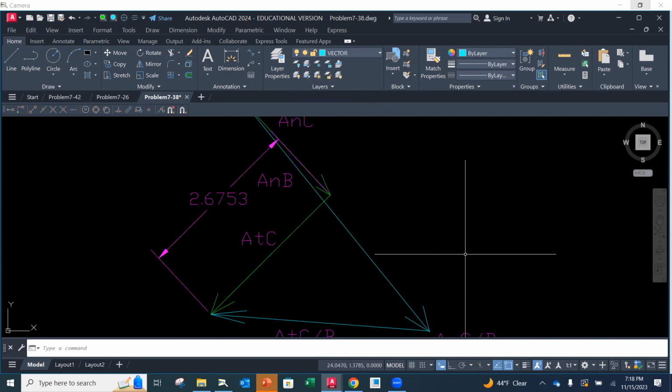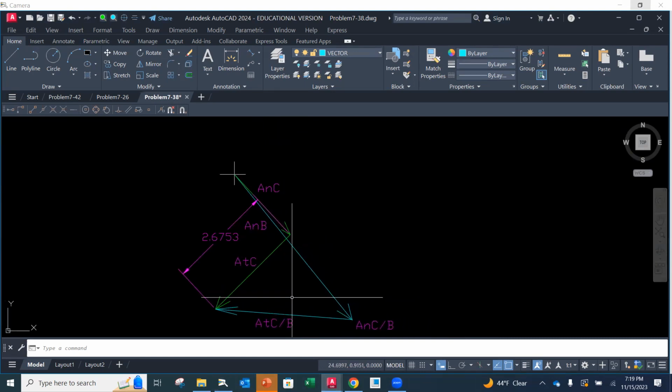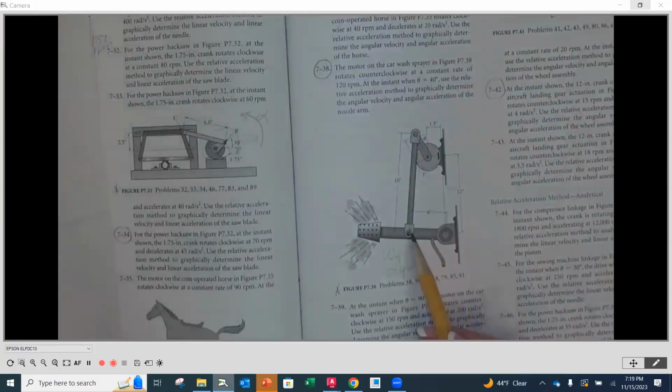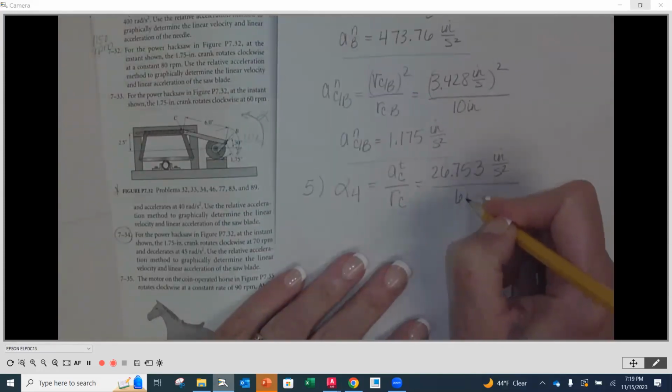Okay. So my number, I need to multiply that by 10, is going to be 26.753 inches per second squared. And I'll zoom back out here. And I'm going to divide that by 6 inches, which is this length right here, 6 inches.